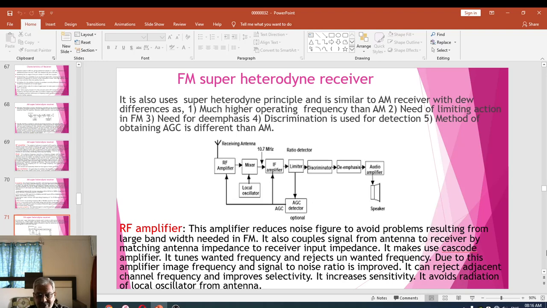We studied details regarding its block diagram, what exactly it consists of, and how individual blocks work, till we obtain the original information at the destination point.